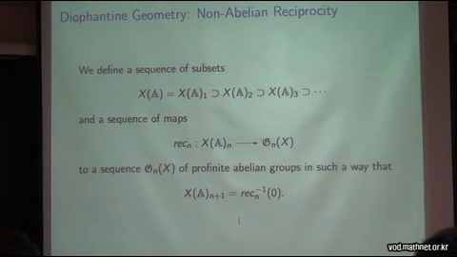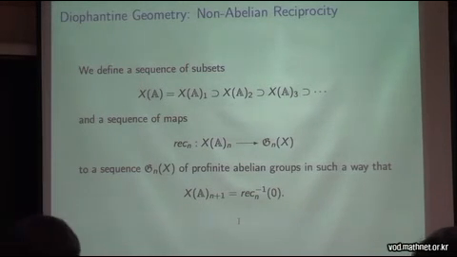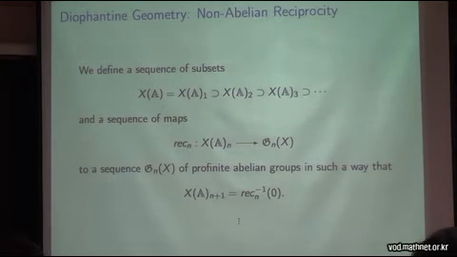This is somewhat different from the way I formulated the desire, so to speak, the ideal reciprocity map. But what I can do at the moment is define an iterative sequence of reciprocity maps, essentially on any variety, subject to some conditions on Galois cohomology, the slide I skipped earlier, but which one can often check to be satisfied.